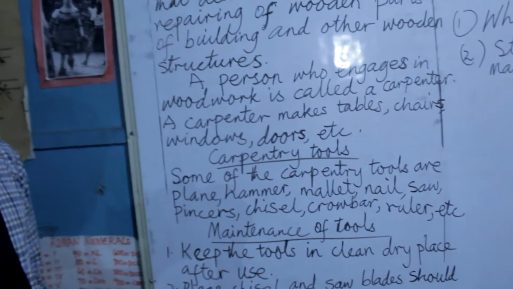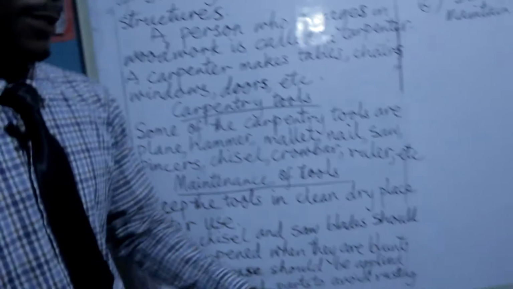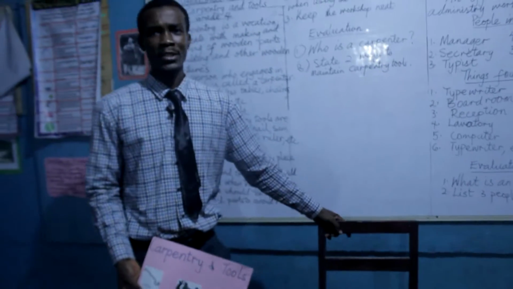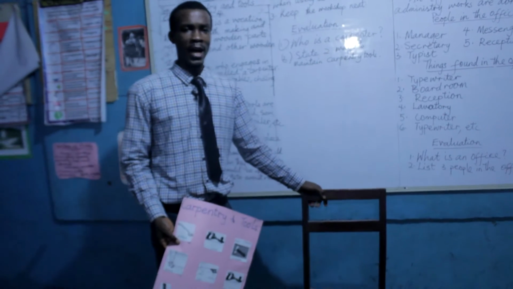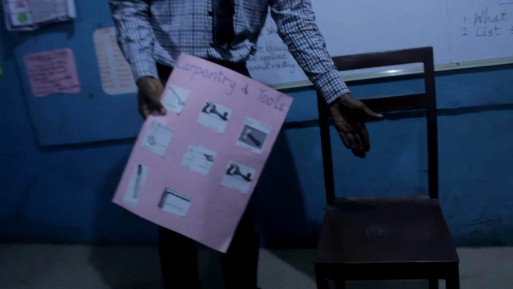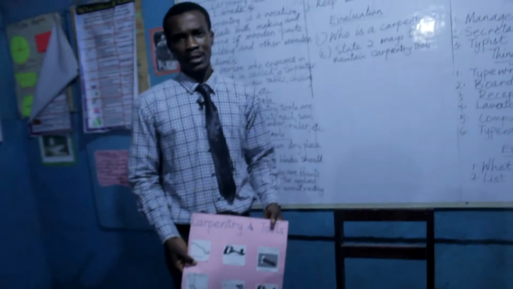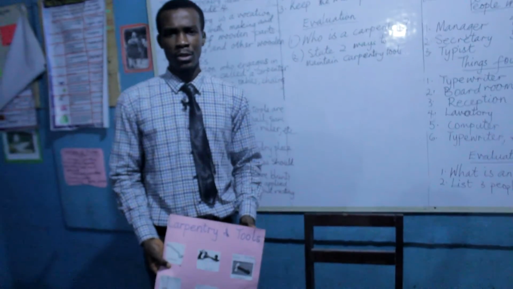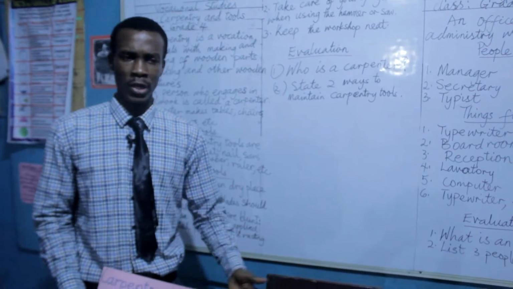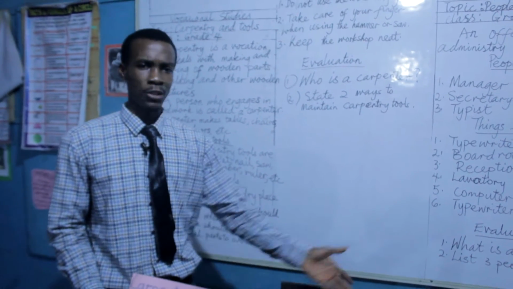And what are the works of a carpenter? You can see what's before the class. Look at this item. What do you call it? It's a chair. This is one of the items produced by a carpenter. They also make other items, like your table, the structure for your bed, and your cupboard.